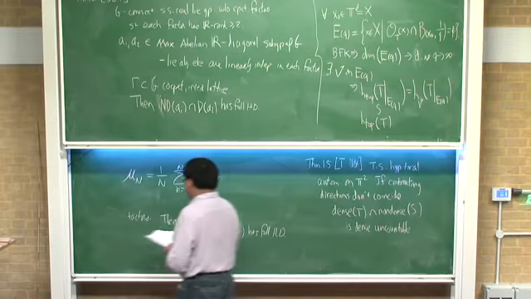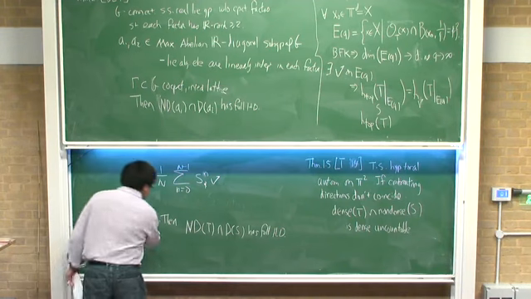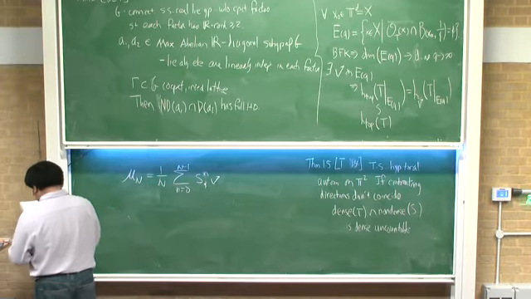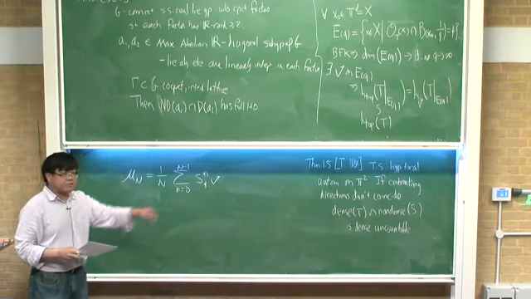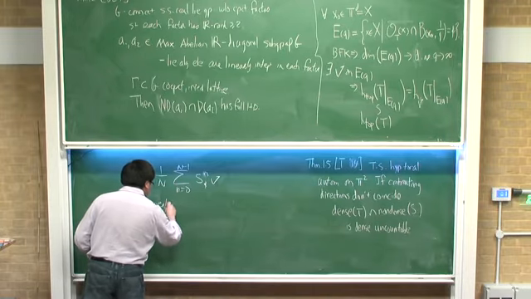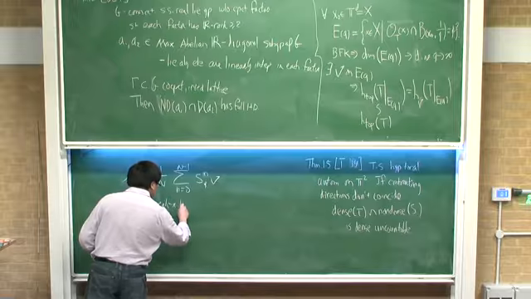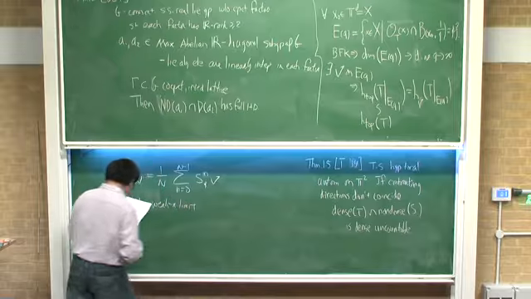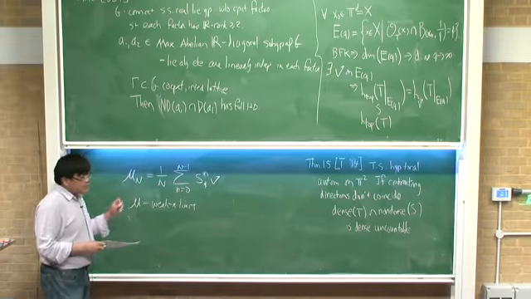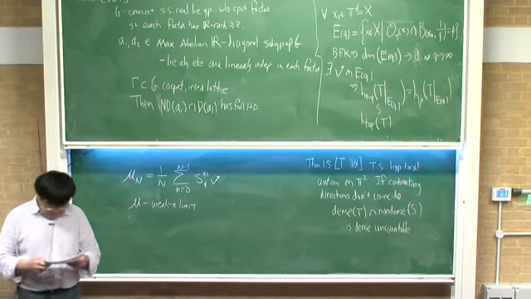So what I'm going to do is erase this. Then just take a weak star limit along some subsequence. Then the limit measure will also be T and S invariant for the same reason.